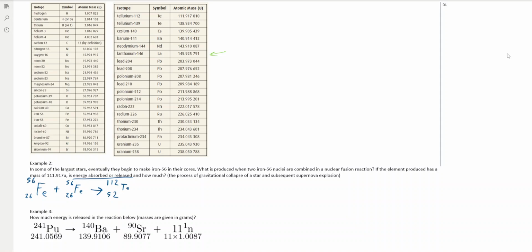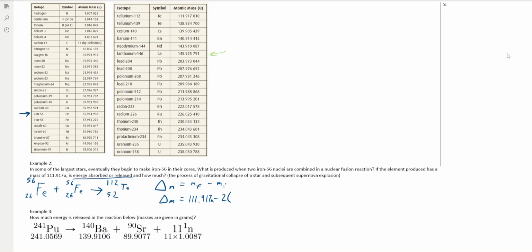So what we're going to see here is that there's going to be a change in mass. That change in mass is going to be whatever mass final minus mass initial. In this case, mass final is 111.917 U, and the initial mass is 2 times whatever iron 56 is.